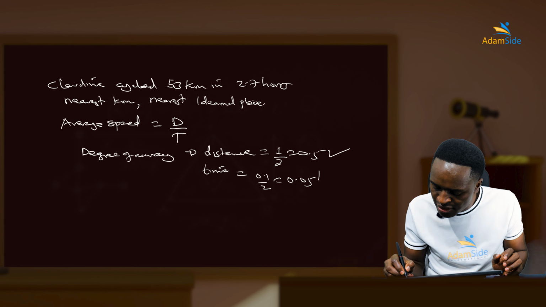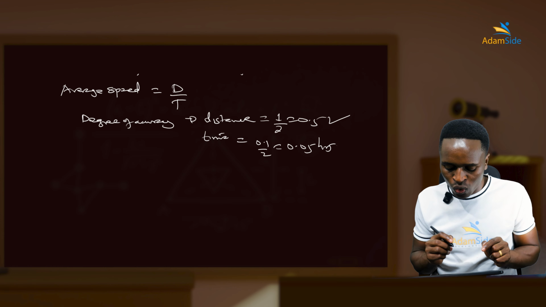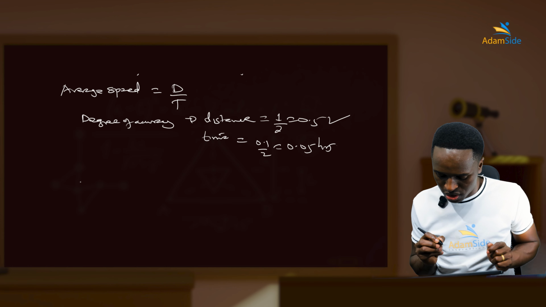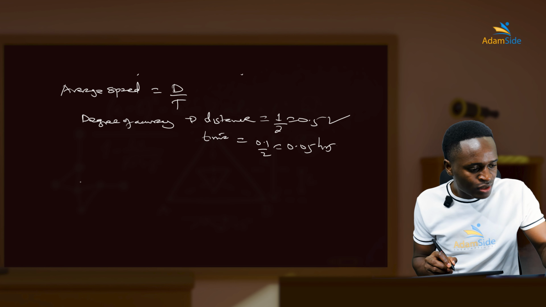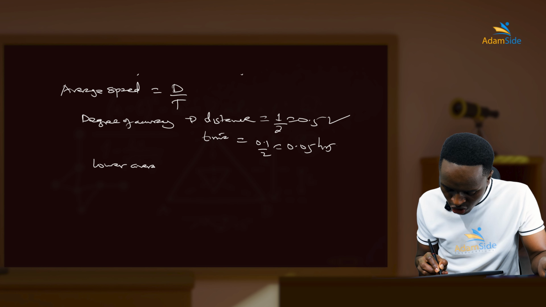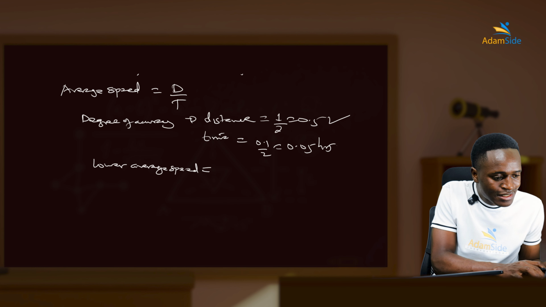Now, this is in hours, 0.05 hours. Because they say calculate the lower and upper bound of her average speed, we first find the upper and lower bound of the distance.